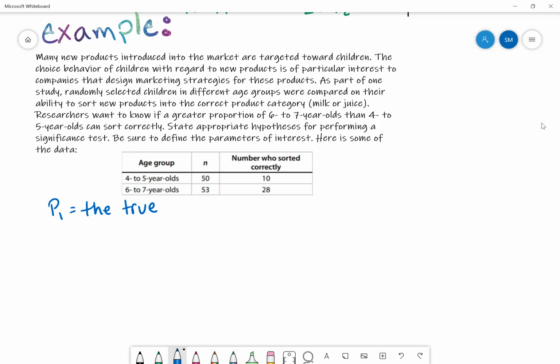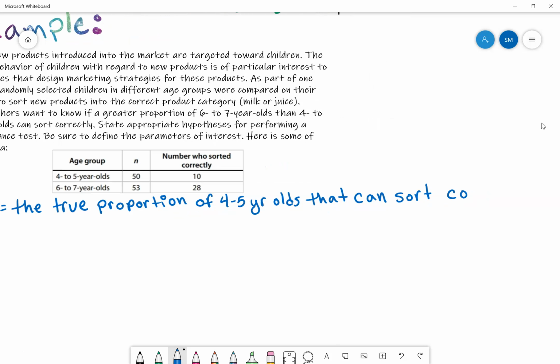So this is going to be the true proportion of 4 to 5-year-olds that can sort correctly.